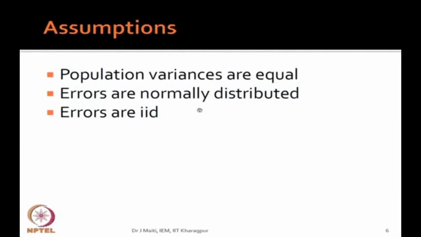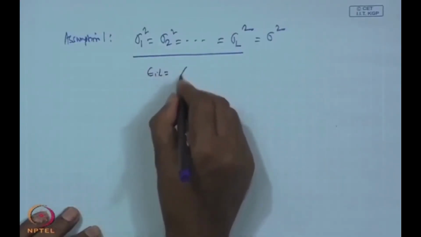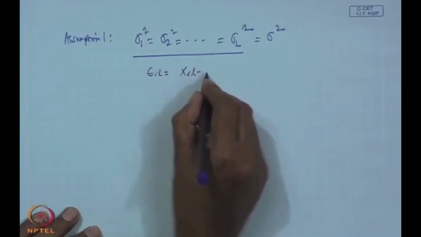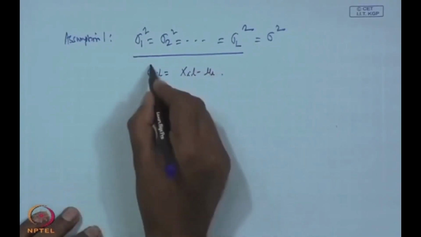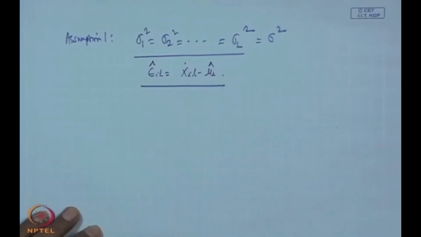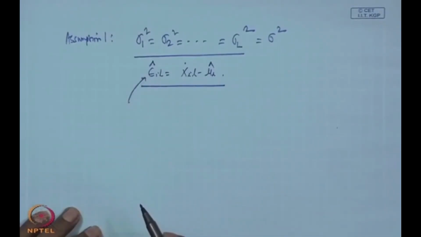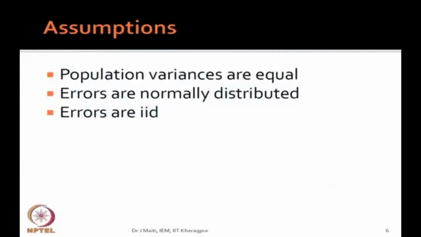What is this error? You have seen earlier that epsilon IL equal to XIL minus mu L. If you estimate this, this error quantity is normally distributed. Errors are IID, meaning independent and identically distributed.